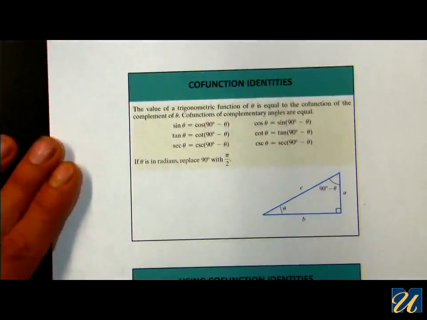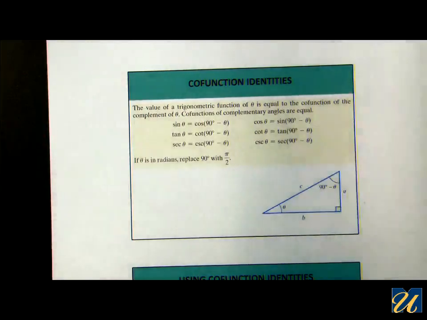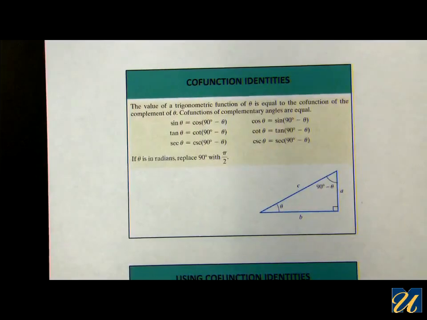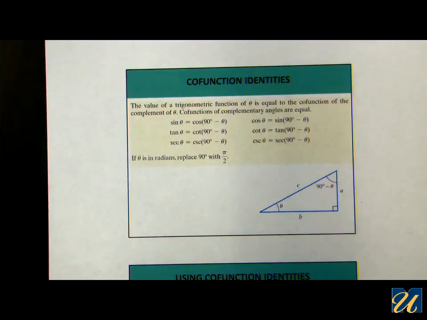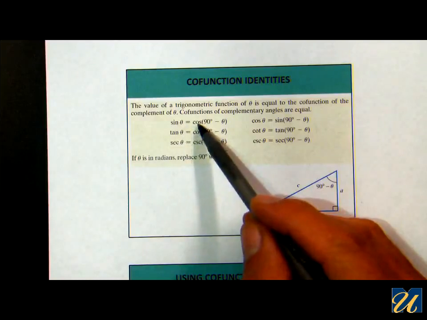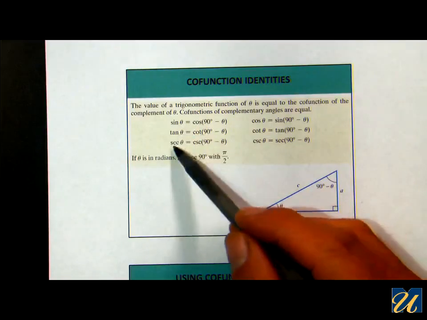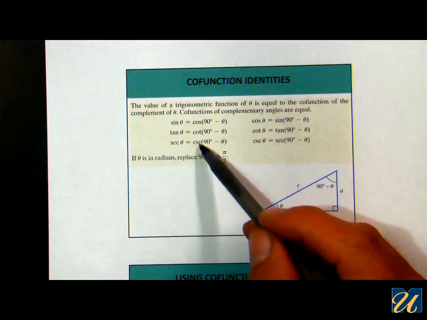That motivates the following co-function identities. The value of a trigonometric function of the angle theta is equal to the co-function of the complement of theta. So listen to the names of the trig functions: the sine and the cosine, the tangent and the cotangent, the secant and the cosecant.